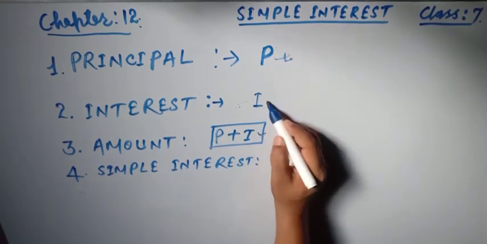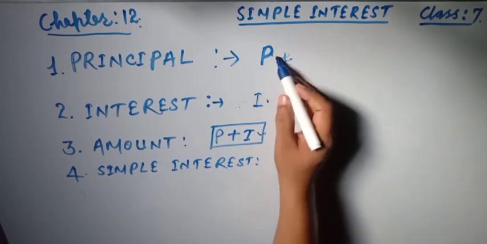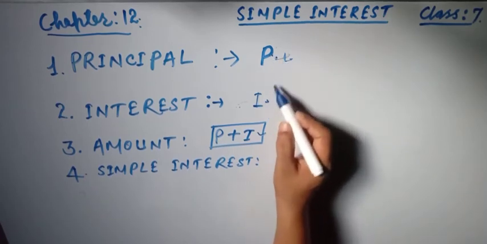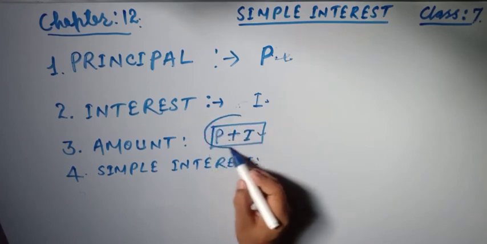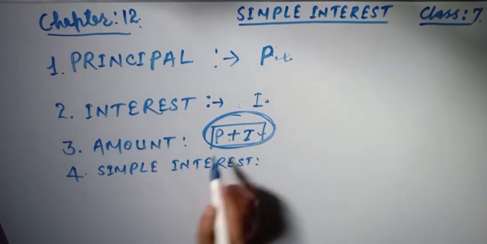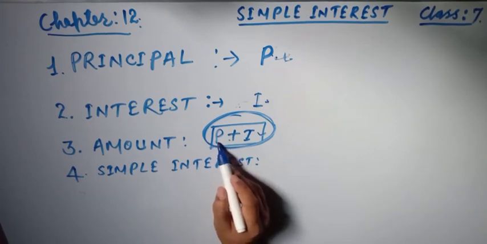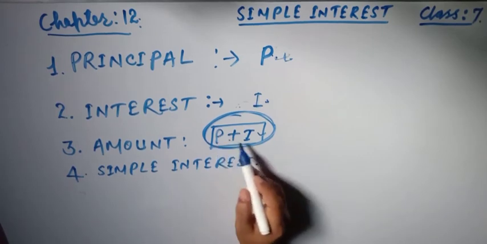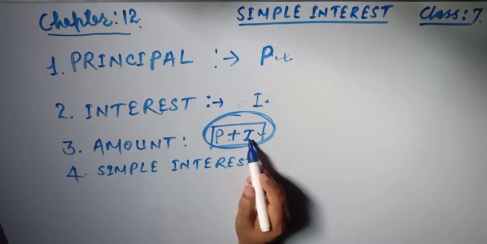That additional amount is called the interest. If we combine these, friends, principal and interest becomes P plus I, so this becomes the total amount. So this is called the amount, friends. Amount means principal, that is the initial borrowed amount, plus additional interest paid by the borrower.